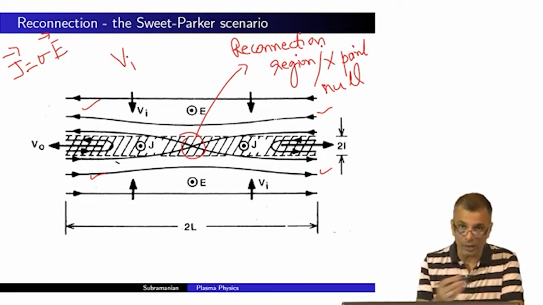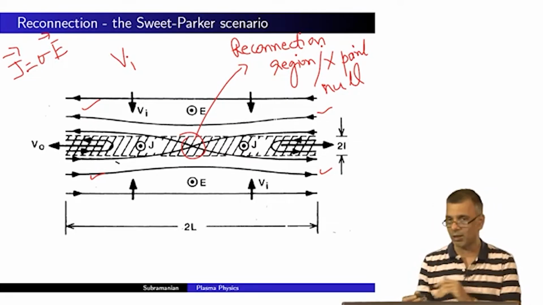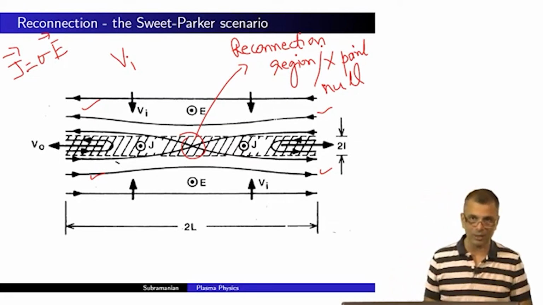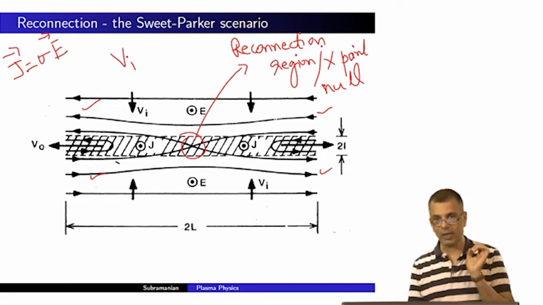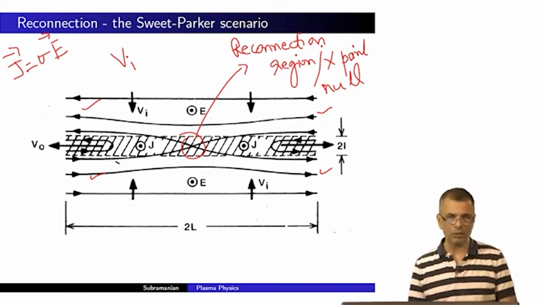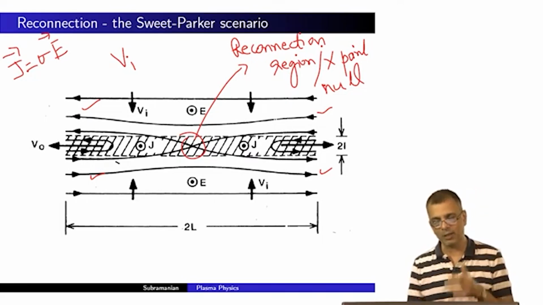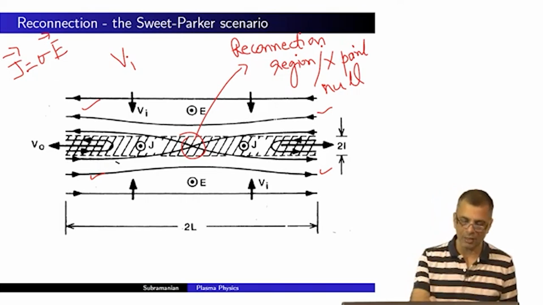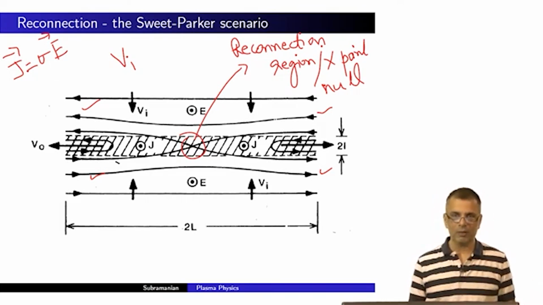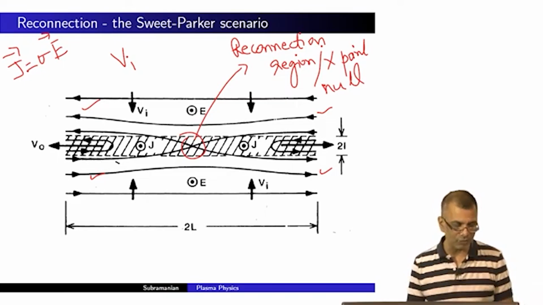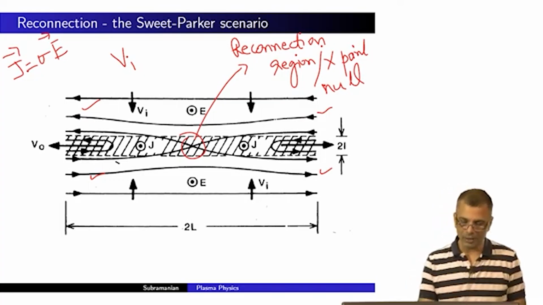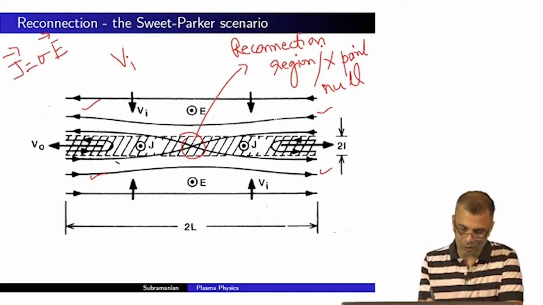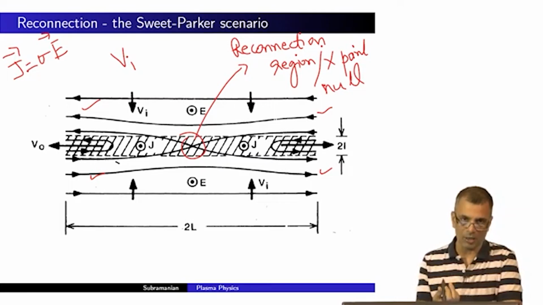So this is yet another way you can understand this oft invoked statement that ideal MHD is violated in reconnection. What one really should say is ideal MHD is violated in the reconnection region right here, via finite resistivity effects, or via the appearance of an electric field like that. In this case, the electric field is pointing out of the plane of the screen, and so this would be the head of the arrow.